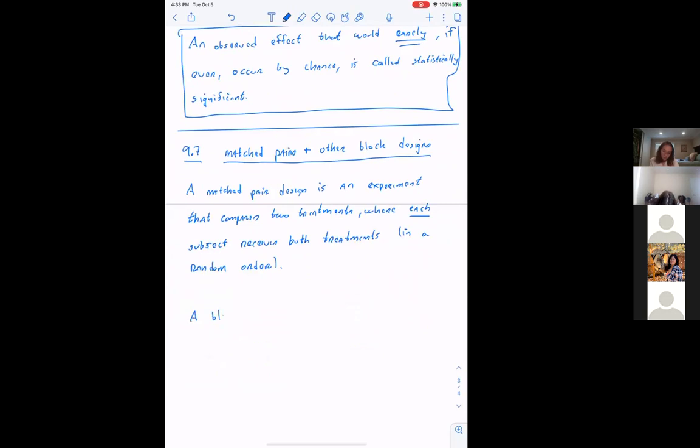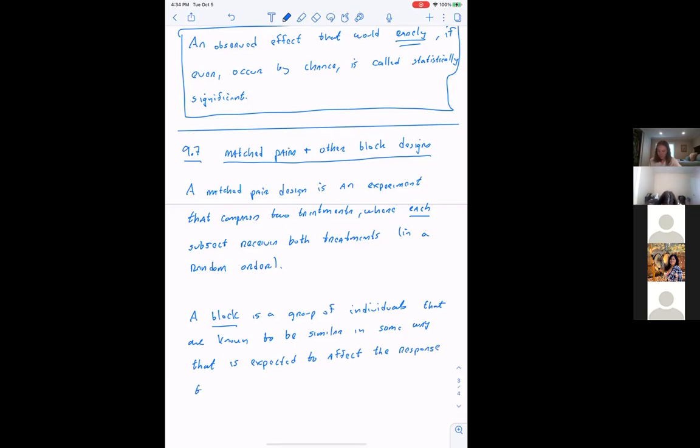A block is a group of individuals that are known to be similar in some way that is expected to affect the response to the treatments.